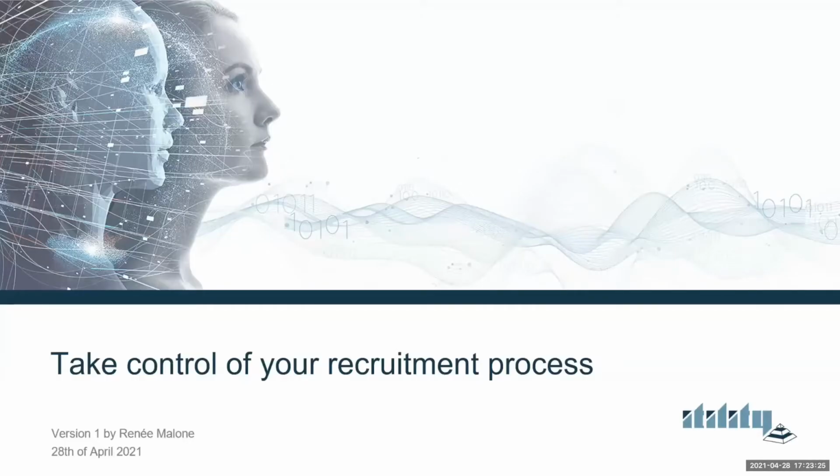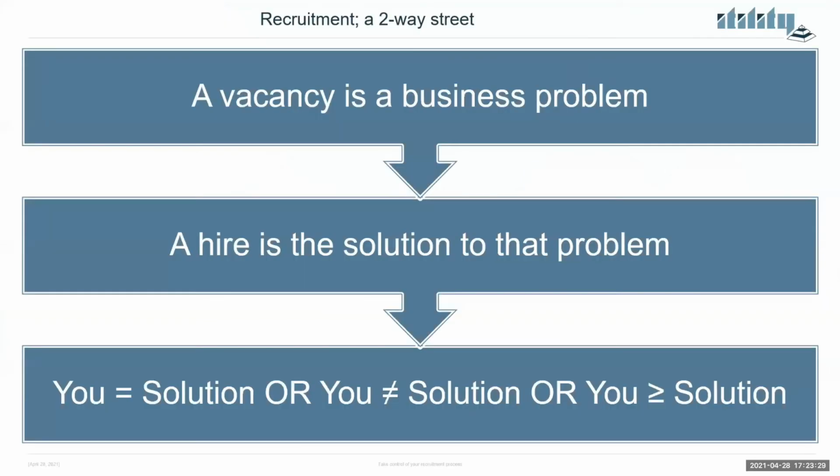So how do you take control of your recruitment process? I think it is important to understand that any vacancy is in essence a business problem. No company opens a vacancy out of the goodness of their heart just because they enjoy recruiting, even though I, as a recruiter, would love that.